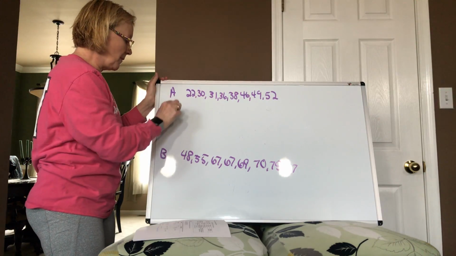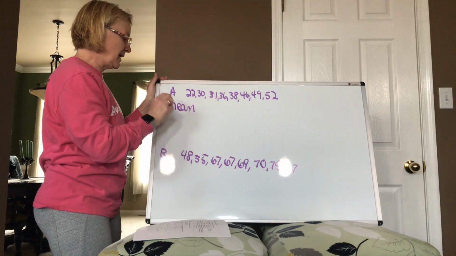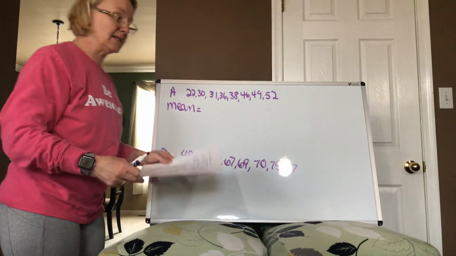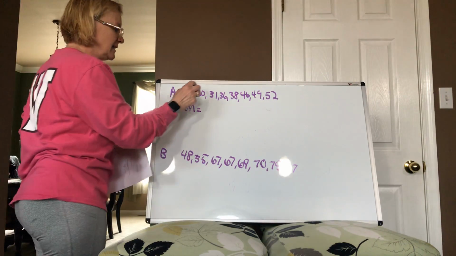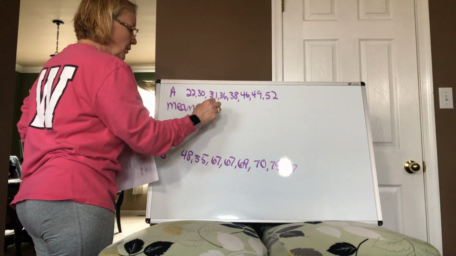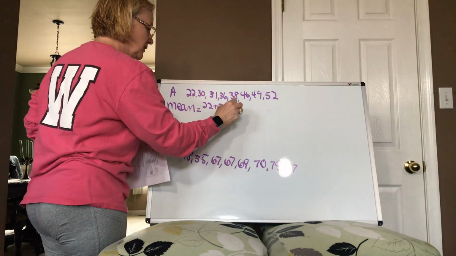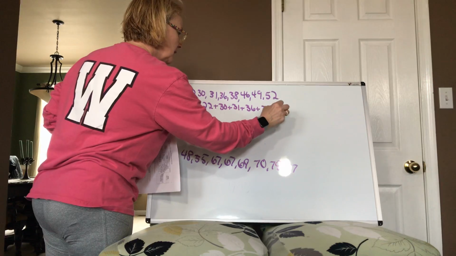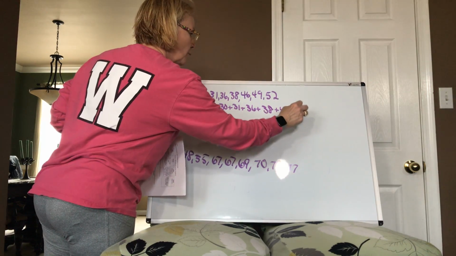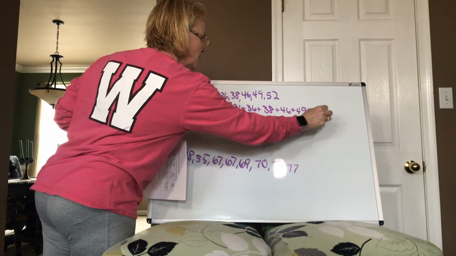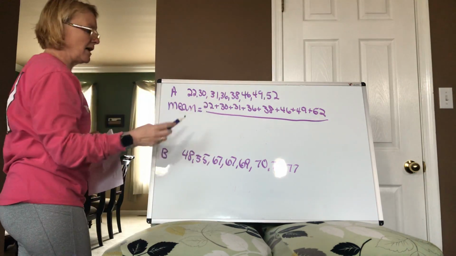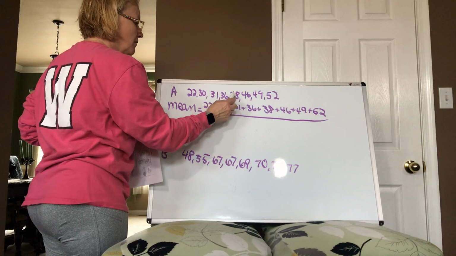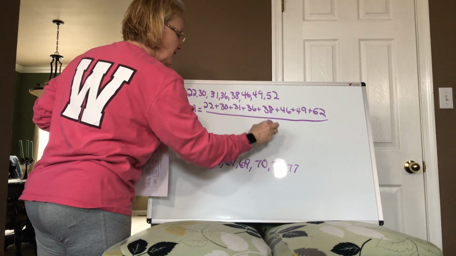So the mean for company A, and I've already done this, I'm not going to sit here and press buttons, is take 22 plus 30 plus 31 plus 36 plus 38 plus 46 plus 49 plus 52, and then you are going to divide that whole thing by, count how many there are, 1, 2, 3, 4, 5, 6, 7, 8, divided by 8.